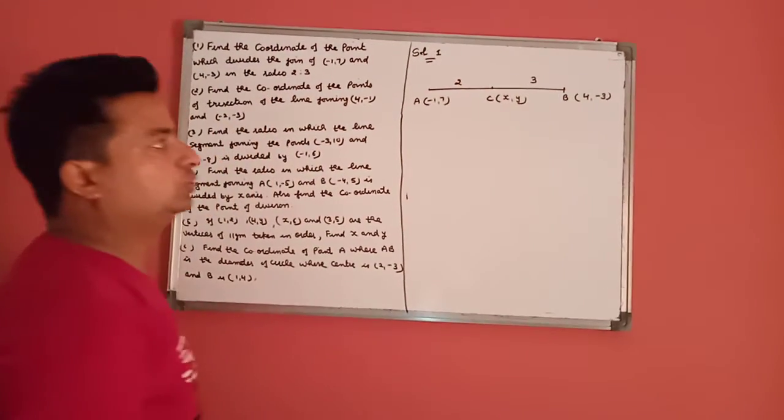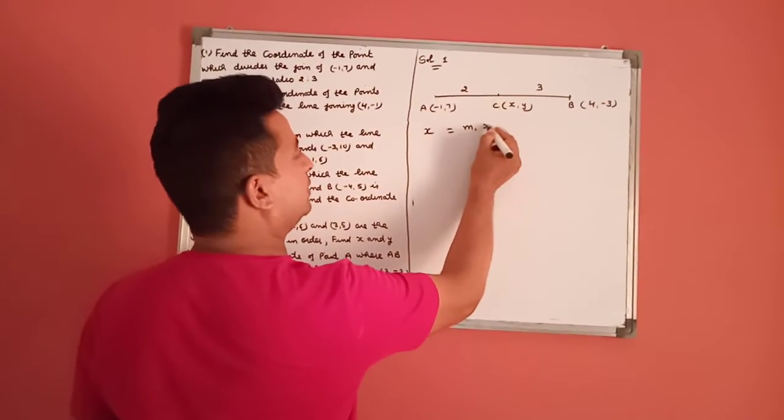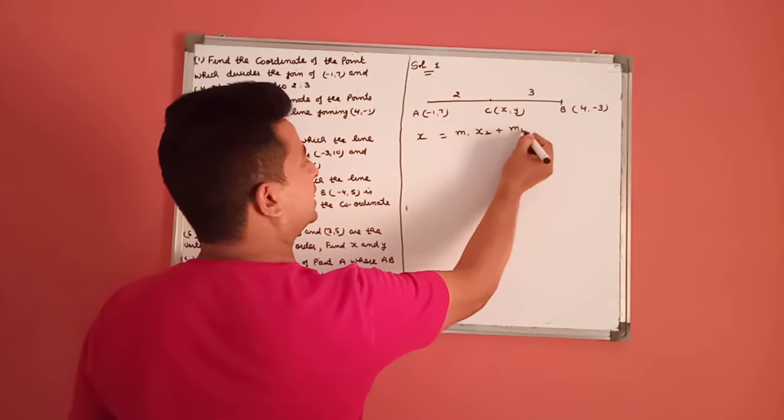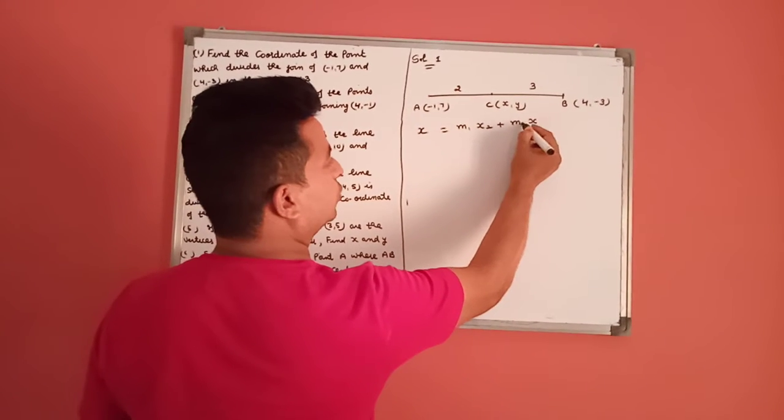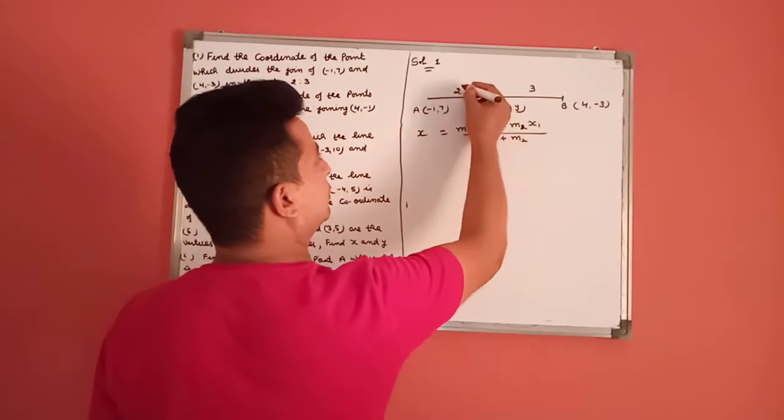This is (x, y). As we know, x is m1 x2 plus m2 x1 divided by m1 plus m2.